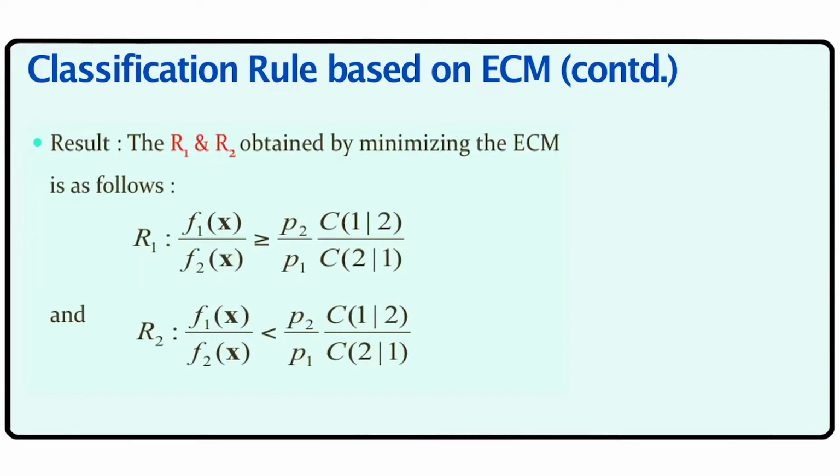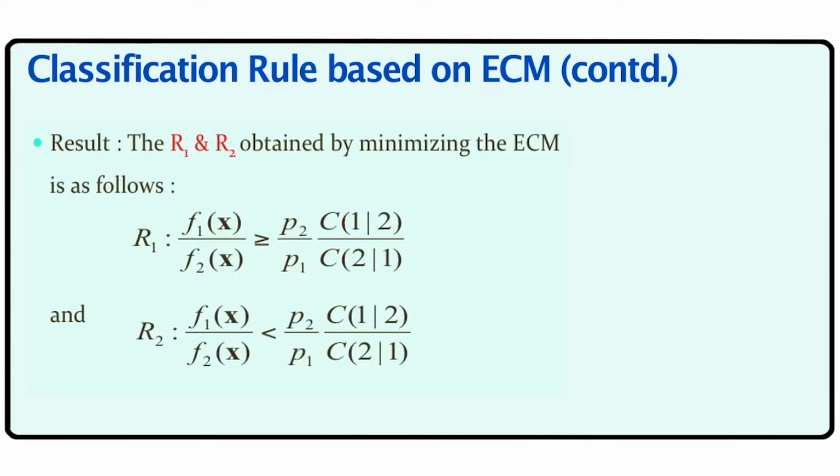Now what are these? On the left hand side we have f1(x)/f2(x), which is the ratio of the two densities, and on the right hand side we have two ratios. The first of these, p2/p1, is the ratio of the prior probabilities of coming from one or the other of the two groups, and the second is the ratio of the two costs.